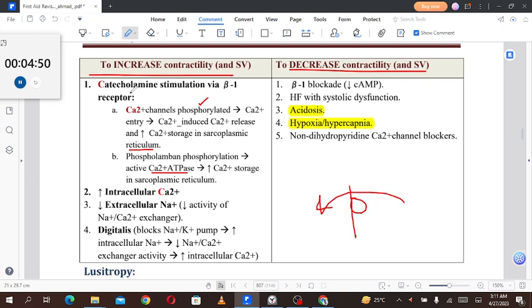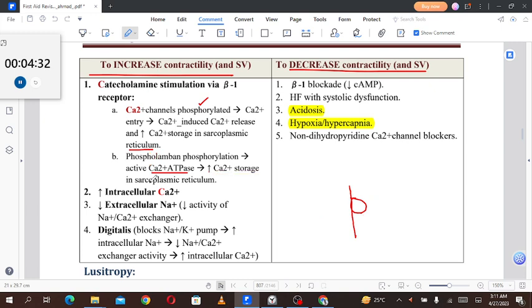If we give beta 1 stimulation, phospholamban will be inhibited, and SERCA will come out of inhibition. Resultantly, more and more calcium will come into the sarcoplasmic reticulum. There will be increased calcium storage in the sarcoplasmic reticulum.